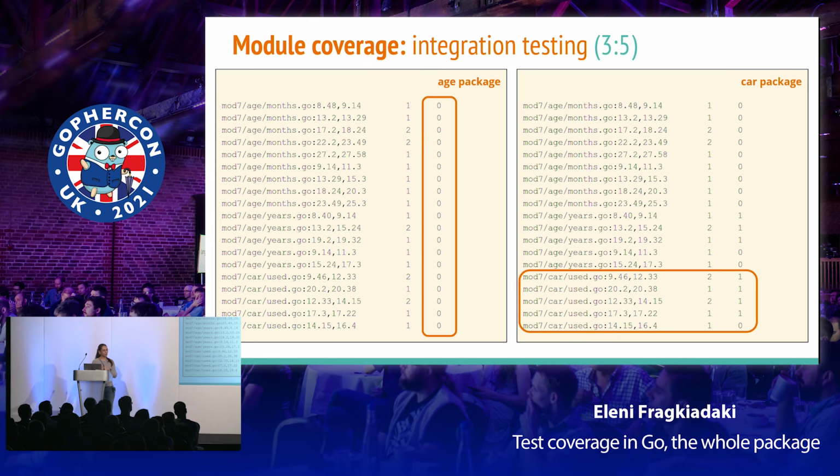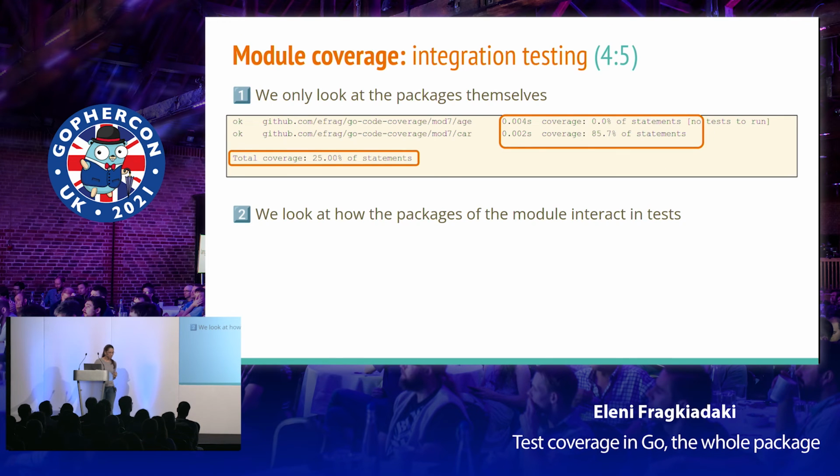When it runs the code from the perspective of the car package, though, this looks different. We know that the car package has statements. We know that it has a test, so we can see the ones that are actually set there. And it also has set some of the statements as being executed from the age package. So from the perspective of the car package now, it has covered 41 point something of the code, right?